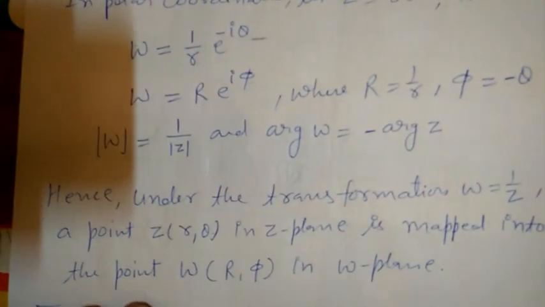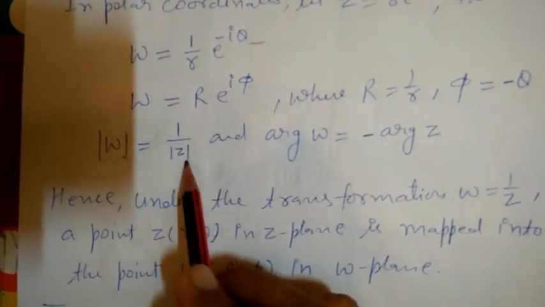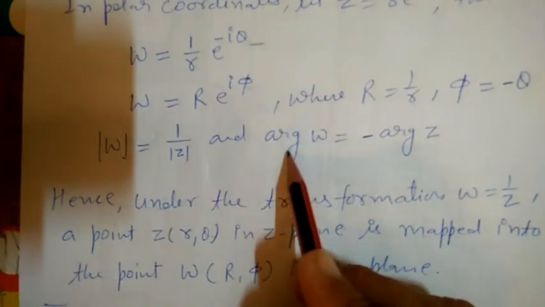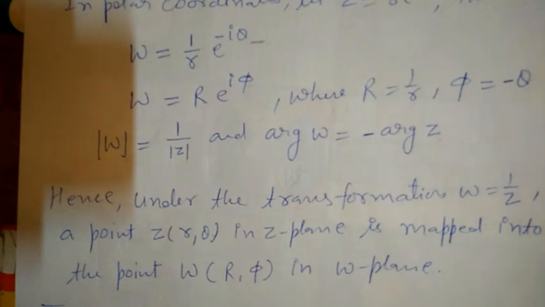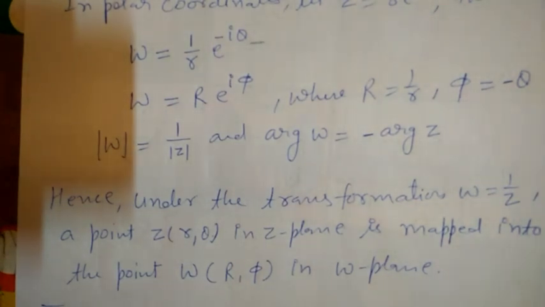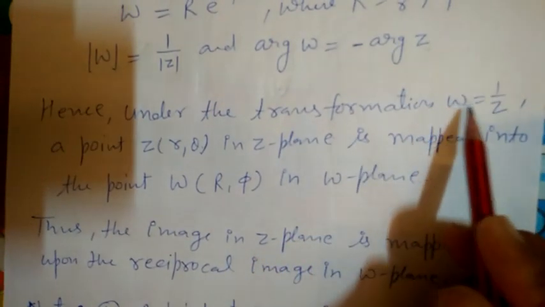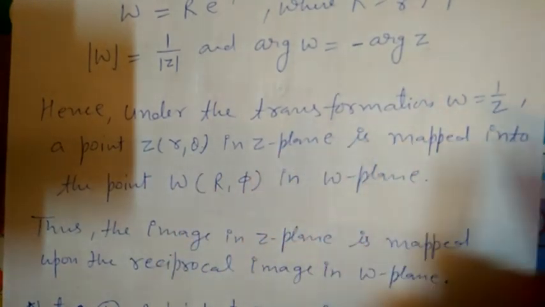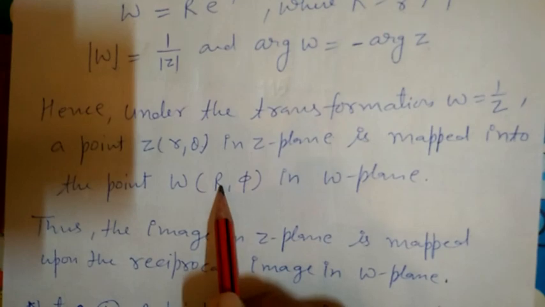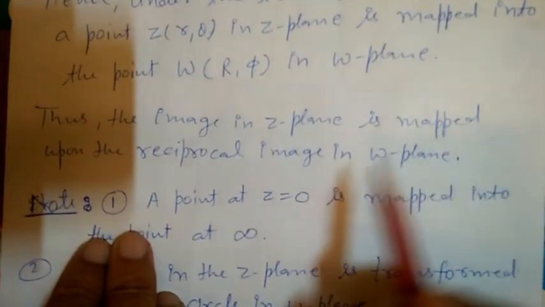And if we take the modulus of the given mapping, then mod of W is equal to 1 upon mod of Z, and argument of W is equal to minus argument of Z, that is, argument of 1 upon Z is minus the argument of Z. So under the transformation W is equal to 1 upon Z, a point (r, theta) in the Z plane is mapped into the point (capital R, phi) in the W plane.